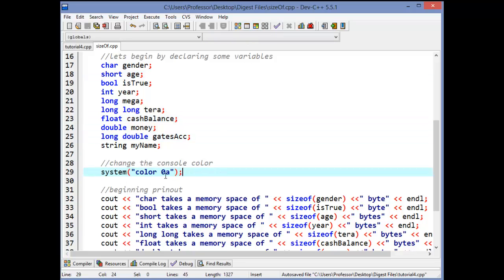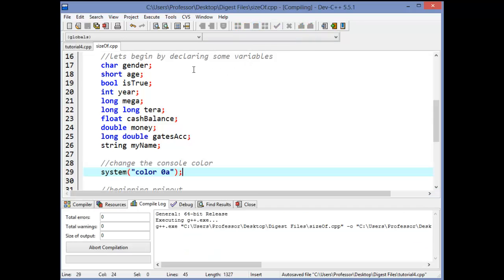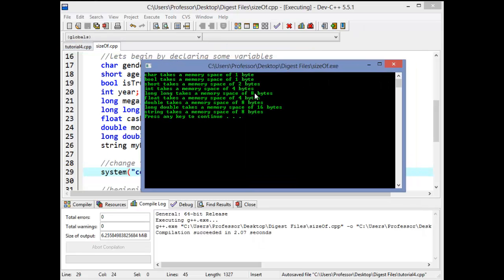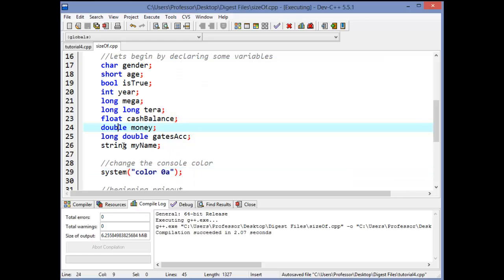Here we have system and we have color 0A. That is going to show some difference in our console. Now you can see that we have green fonts, our letters are written in green, and our background is black. That is what this is doing: setting the color. 0 stands for black, A stands for green.